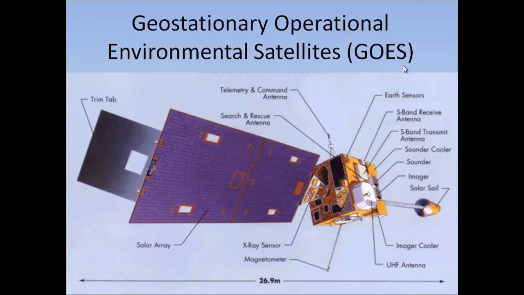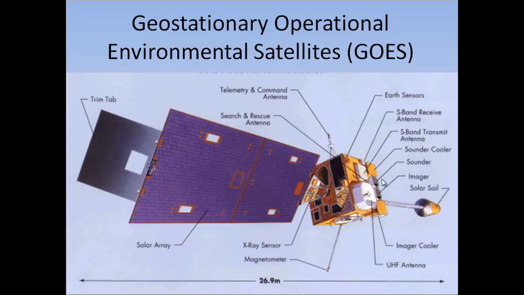Here's a diagram of our Geostationary Operational Environmental Satellites, or GOES satellites. It's about 27 meters long, which is right around 90 feet from the end of the solar wing there out to the other end of the satellite. The instrument package is quite a bit smaller, but it's packed with all kinds of communications equipment as well as imaging sensors.